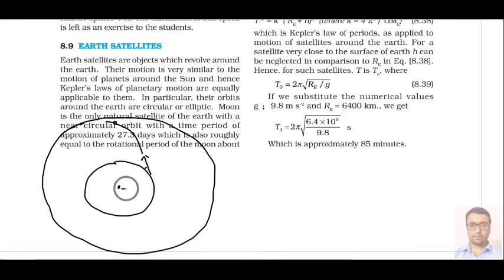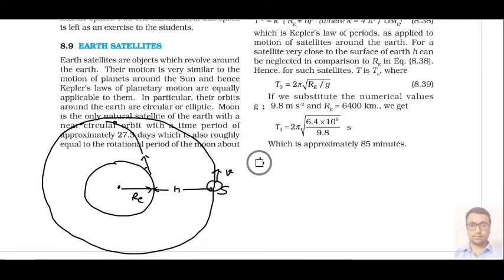So this is the radius of the earth Re. Here suppose this is the height h from the earth's surface at which we want to make our satellite's orbit, and suppose your satellite is moving with some velocity, that is small v. Here we have to determine the velocity of the satellite.